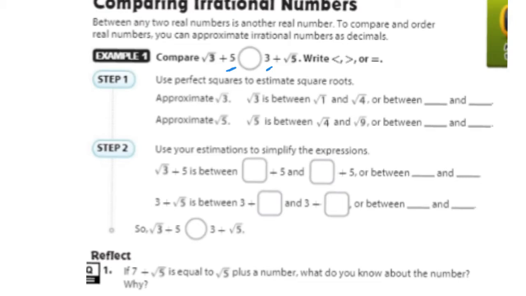You know that the left side is going to be larger than the right side. But let's go through all the steps that they want us to. So use perfect squares to estimate the square roots. Approximate the square root of 3. So the square root of 3 is going to be a decimal, a never-ending decimal.